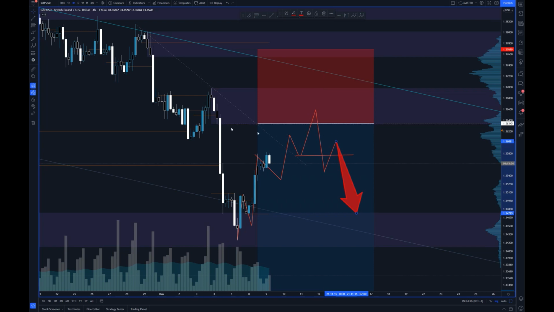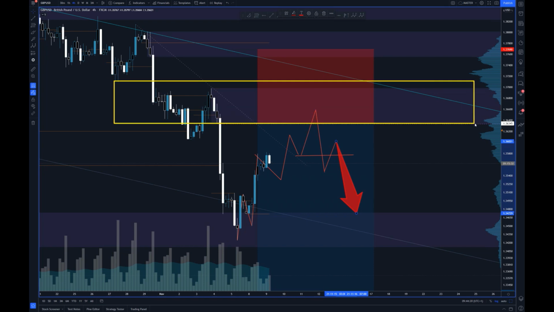Simply let me clear it. Somewhere in this zone I will be looking for the market structure to break the previous low with some proper candle. A good one will look something like this, some nice engulfing candle, then pull back, and then I will be shorting.